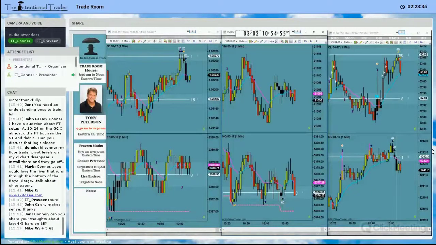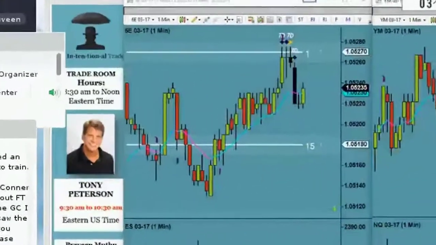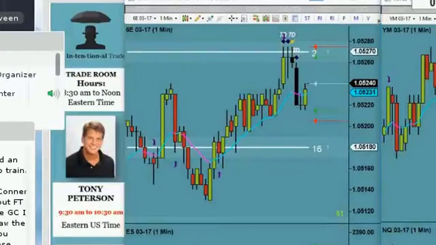Sure, John. Well, my thoughts on it are we didn't have a trade setup. You know, we have multiple indicators firing off. We have lots of different conditions existing, tons of divergence. You know, we have a ricochet, we have a strong line. But that being said, according to my trade plan, none of my trade rules fit that criteria.